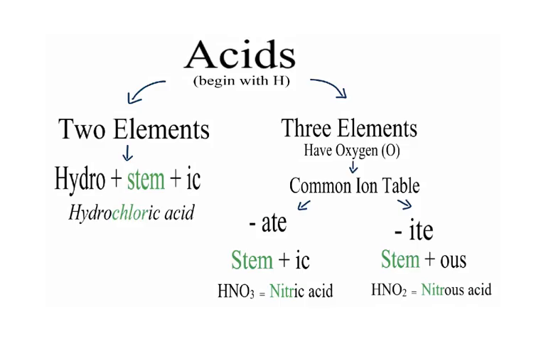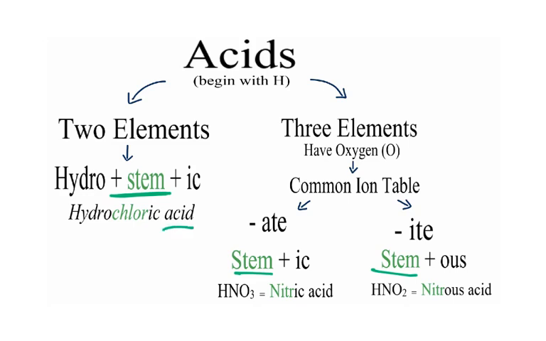So we got a little flow chart here for you. This would be good to jot down in your notes just so you guys have an idea. Stem, the word stem here, is referring to our other element, right? So if we had HCl, chlorine would be our stem. Just to break it down, if it has two elements, we do hydro plus the stem plus ic, and then we throw acid at the end.